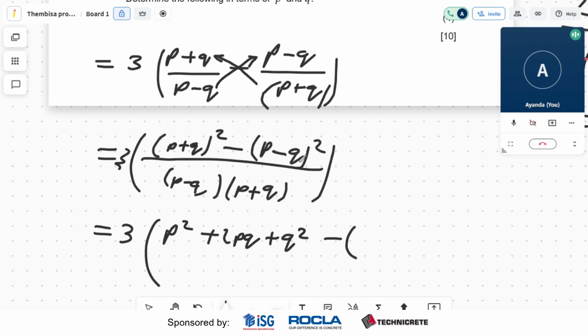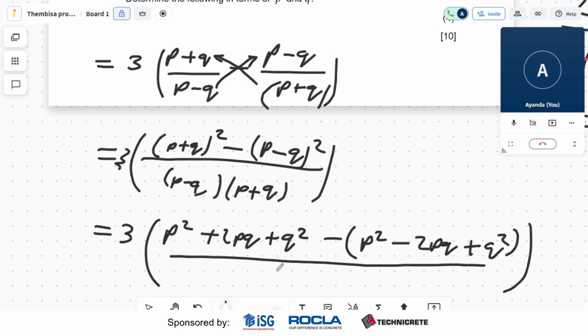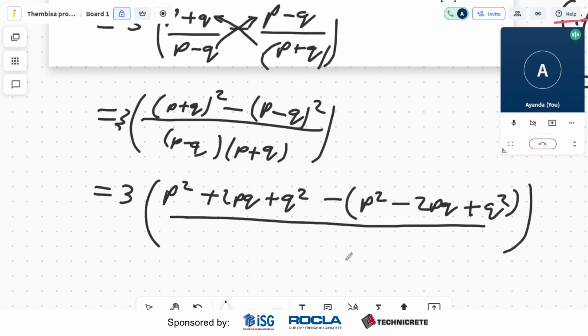Minus, we can open a bracket, p times p is p². p times negative q is negative pq, so this is going to be minus 2pq. And negative q squared is just positive q². I'm going to close that bracket. And we can leave our denominator as it is for now, as (p − q) times (p + q).